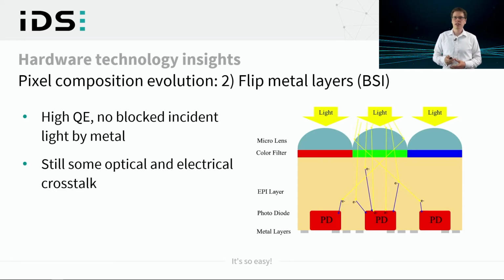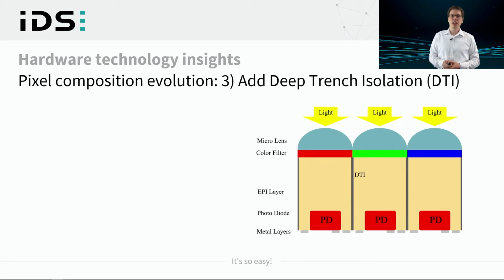But there is still some crosstalk of photons and electrons reaching the neighboring pixels and generating false positives. Can the light and electrons be kept within each pixel? A structure like a wall can be built between the pixels. This is called deep trench isolation. There are several names for those walls describing the depth and the direction they are coming from.